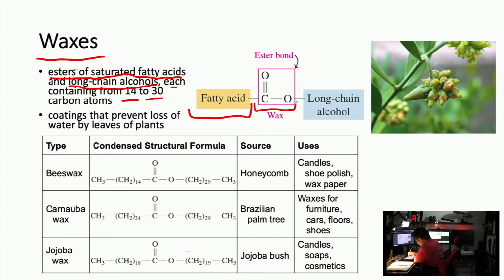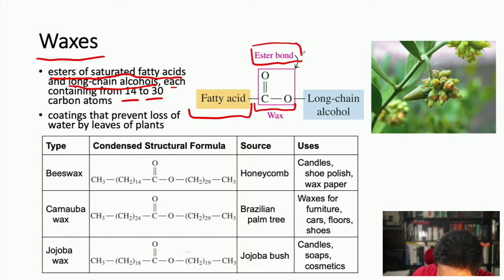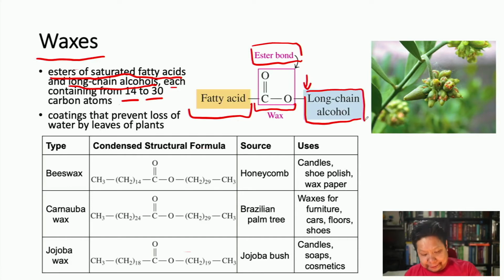But it's really not a carboxylic acid, it's an ester. Why is it an ester? Because the other side is not connected to an H, it's connected to a long-chained alcohol. So that's the difference between a regular fatty acid and a wax.